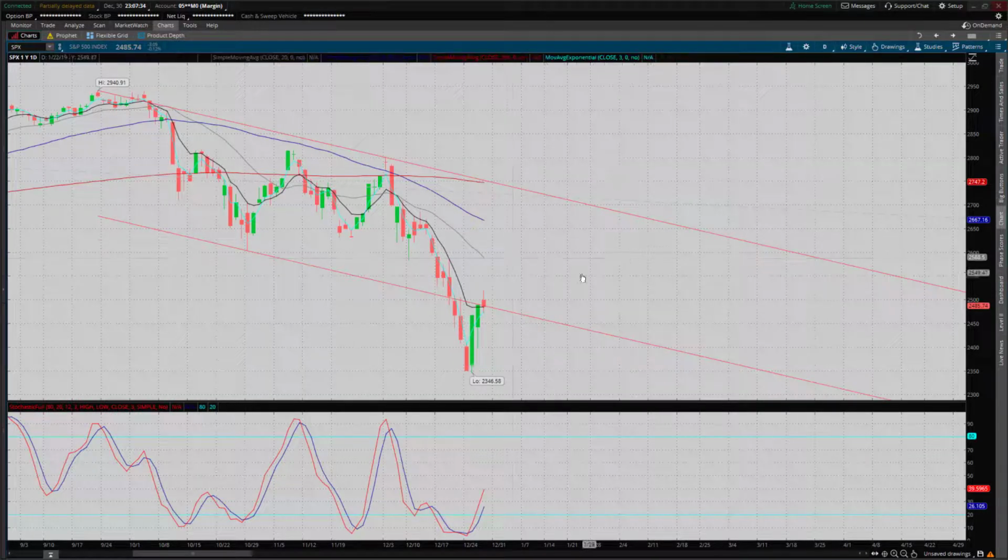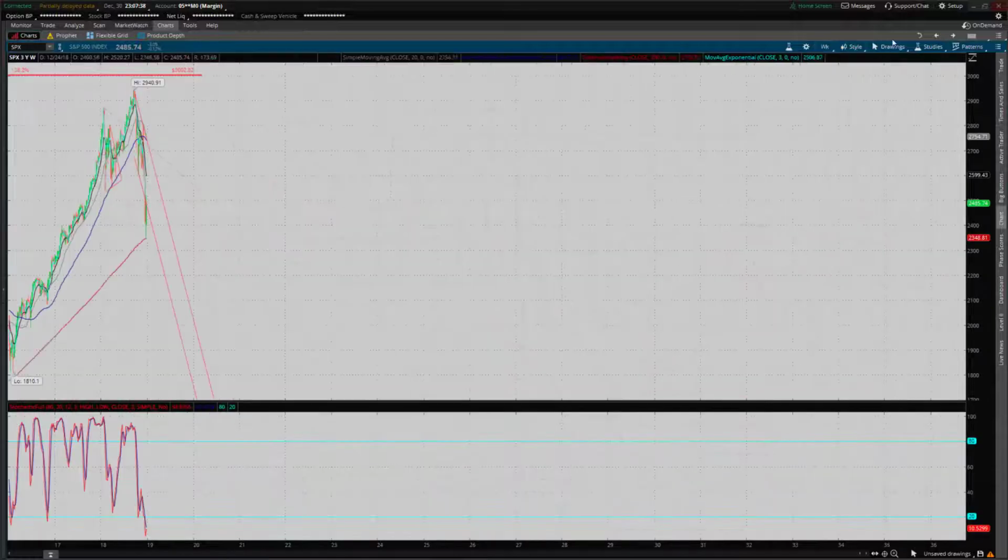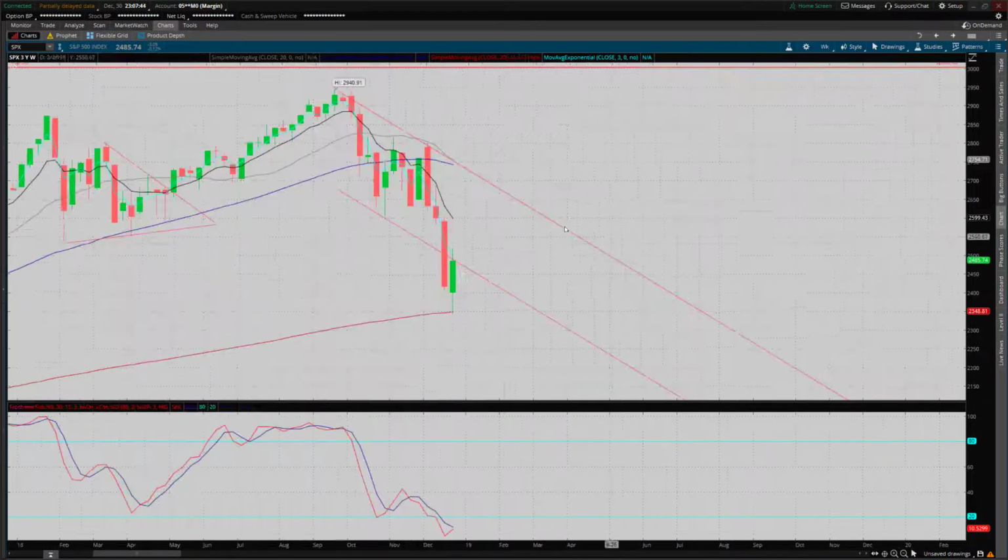So that being said, the daily, we've had a look at that. Now let's look at the weekly, now that we finished the week. On the weekly, we had further downside and made a new intra-week low.